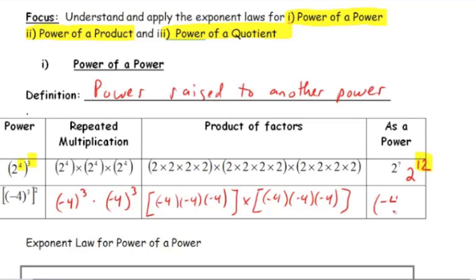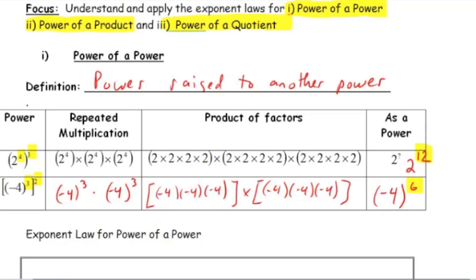As a single power, we're going to end up with negative 4 to the power of 6. So again, that's taking these power of power, negative 4 to the power of 3 squared. We can multiply those exponents and get 6 as our exponent in our answer here.